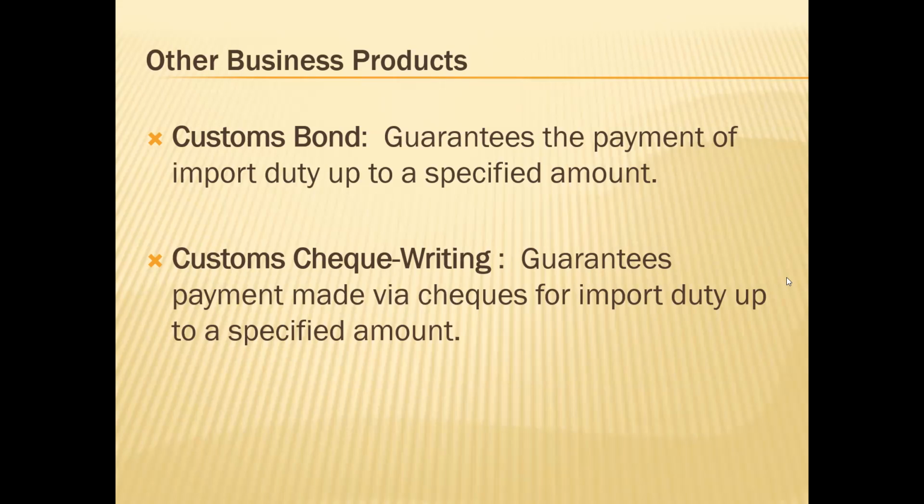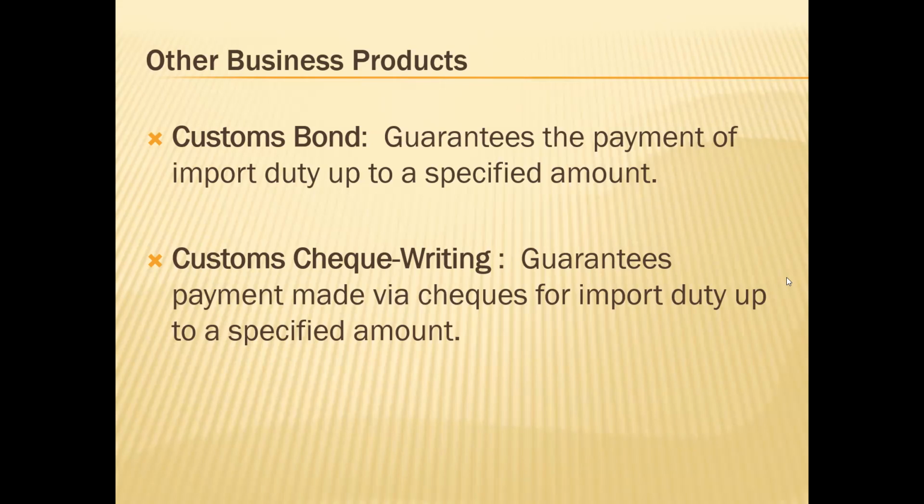All right. So customs check writing guarantees payment via checks for import duty up to a specified amount. The customs check writing is similar, again, because it's used for the Customs Department.